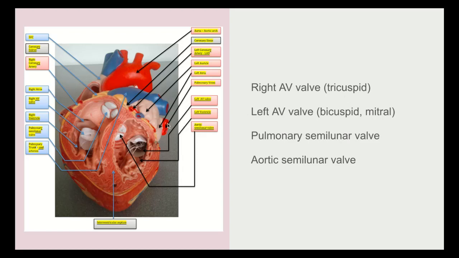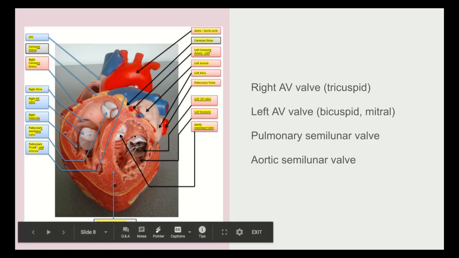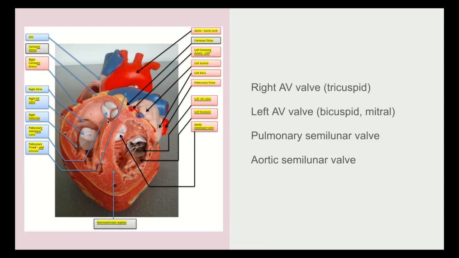Next we have the left AV valve, and so the left AV valve is going to be lying right here on the left side. These are the ventricles that we're looking into right now, the little cutaway sections. So left AV valve, also known as the bicuspid or the mitral valve. And then finally, we have the pulmonary semilunar valve and the aortic semilunar valve. And so the semilunar valves are going to be connecting the ventricles to the great vessels.